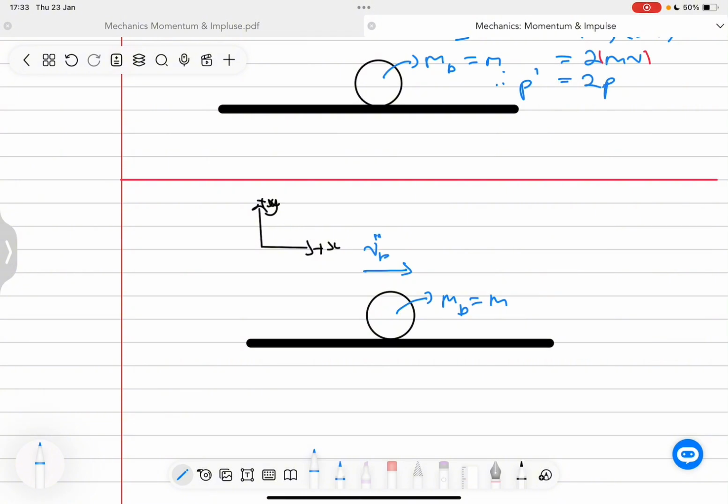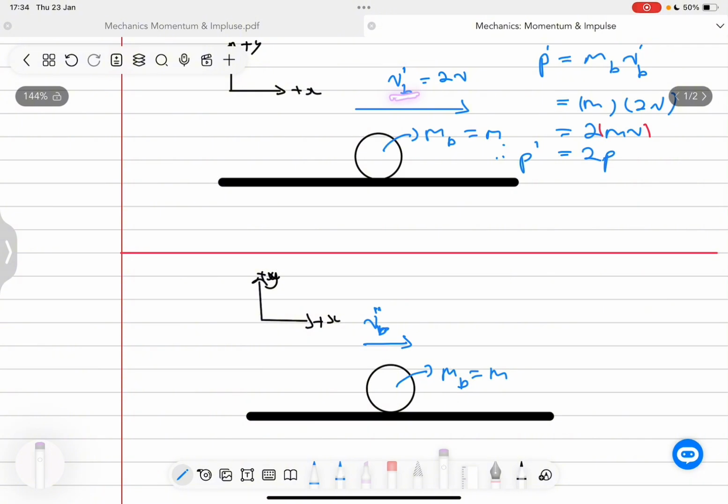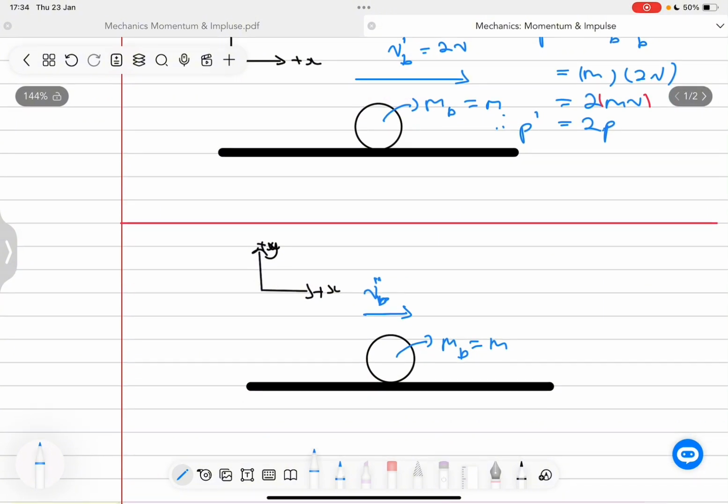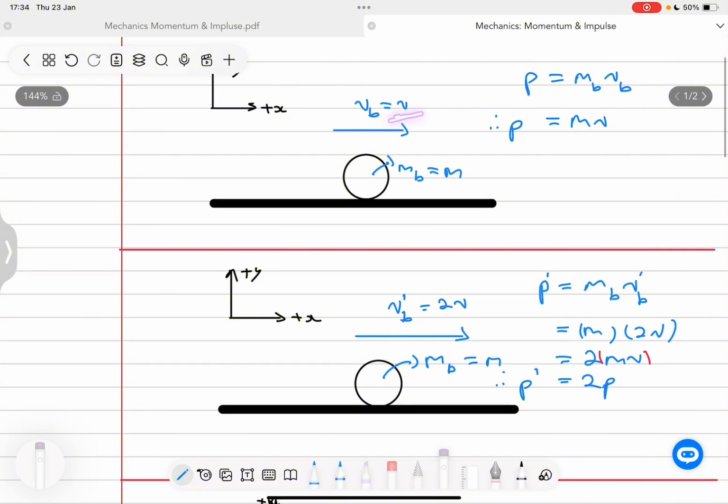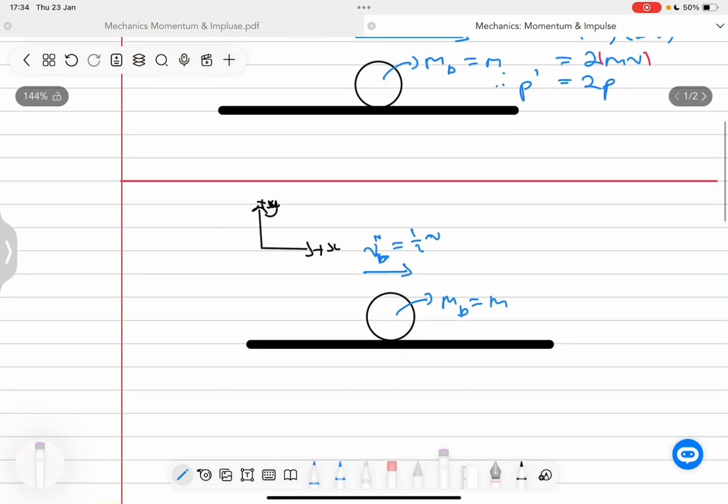I'm going to call this v_b double prime. I'm going to use a double dash here to say this velocity is not the same as this one. Now in this case, let's say it is reduced so that it is 1 over 2 v. We have half of the original velocity. Then we have a smaller velocity according to how I've drawn that vector.